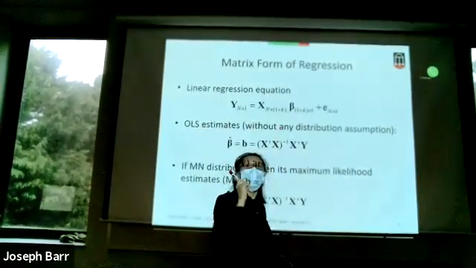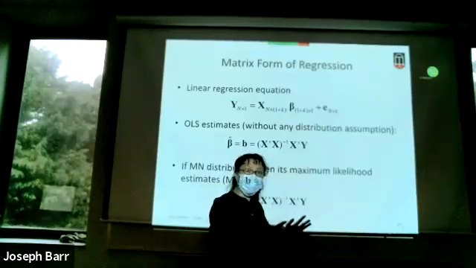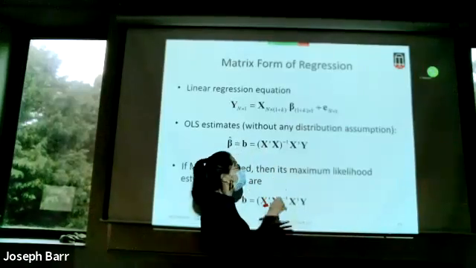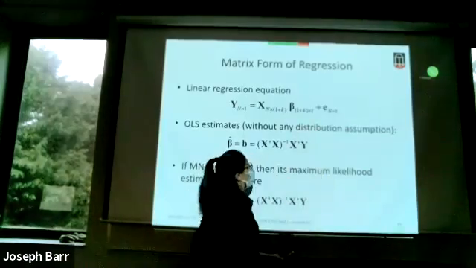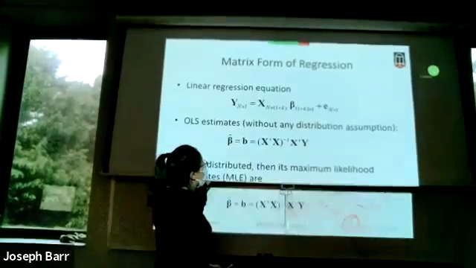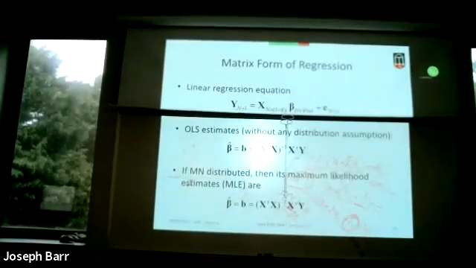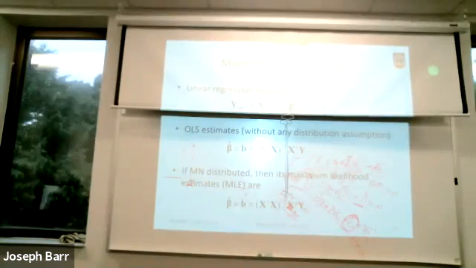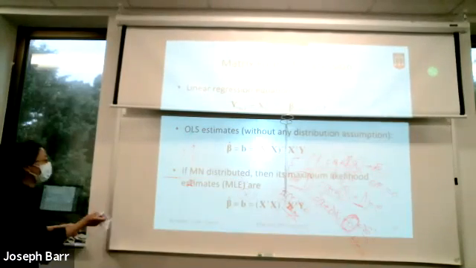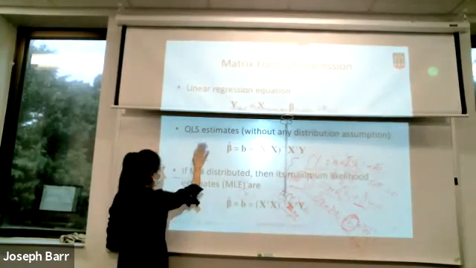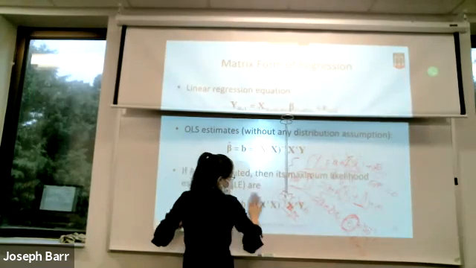Beta is our parameters. It's a vector including all the parameters in our model. And then we have the residual. Okay, so that's very abstract. Let me show you the detailed form of all of these matrices.